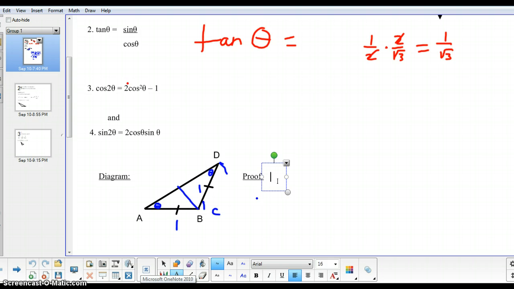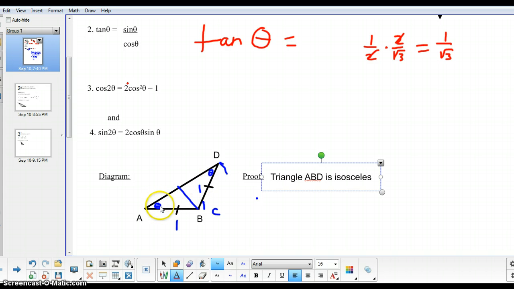And let's just start by saying ABD, our isosceles triangle here, is an isosceles triangle, and this side length is 1 and this side length is 1.